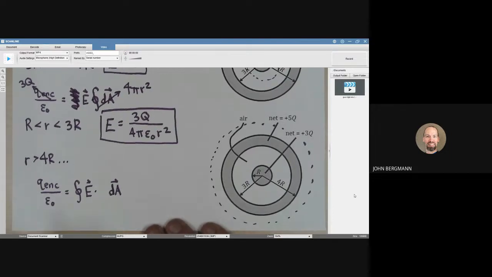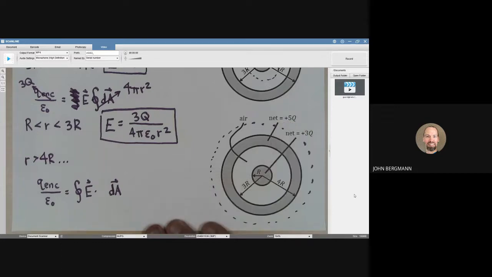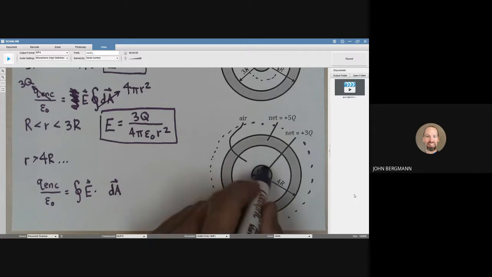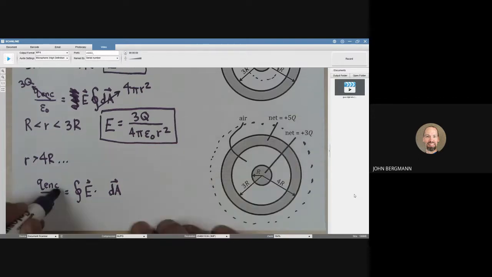You can say, oh, cannonball has a net charge of plus 3Q, and the basketball has a net charge of plus 5, so that's plus 8. Or you can say the outer surface of the cannonball is plus 3, the inner surface of the basketball is minus 3, but then the exterior surface of the basketball is plus 8. In either case, the charge that's enclosed is 8Q.